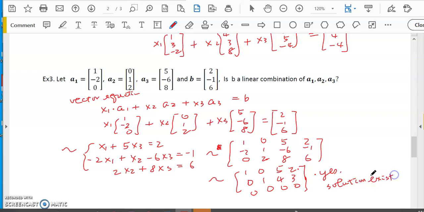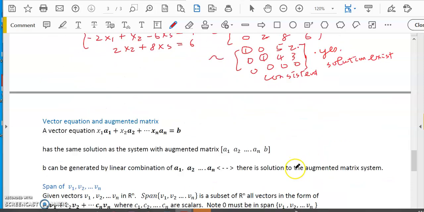If there's no solution, then you say no, B is not a combination. But because it's consistent, you can solve it. And actually, there are infinitely many solutions, infinitely many different combinations of A1, A2, A3 to get to B, because there are only two pivot positions and we have one free variable. We don't have to solve it.